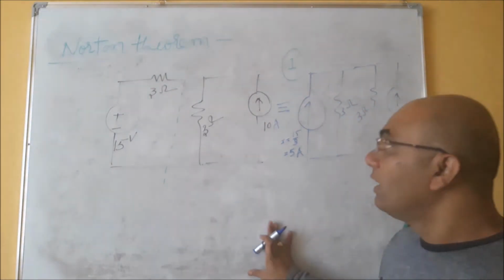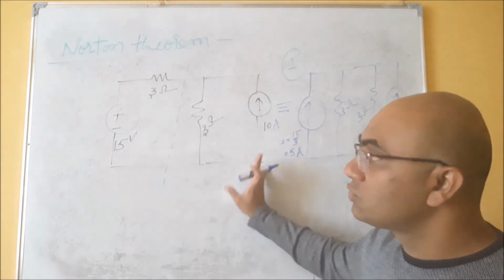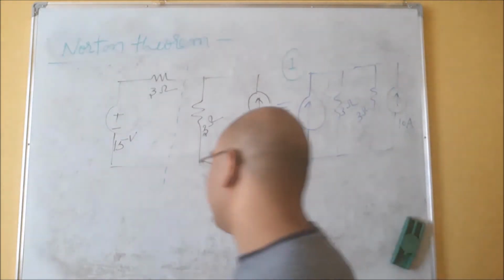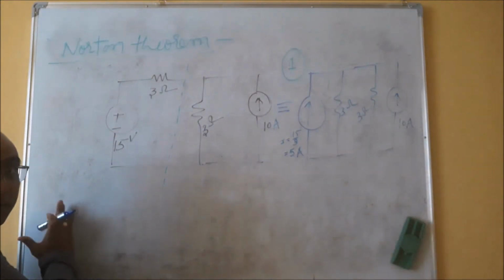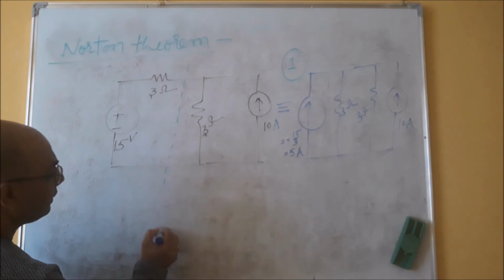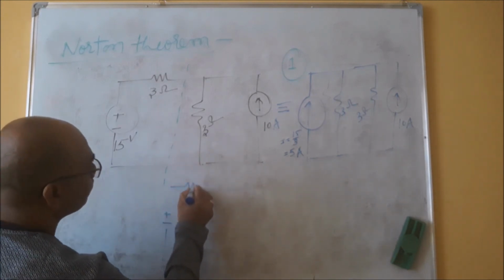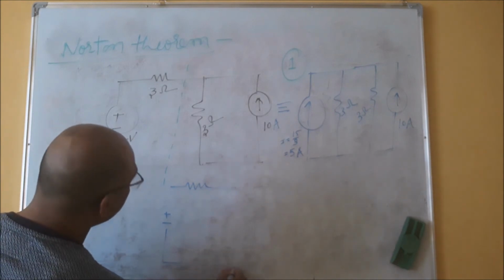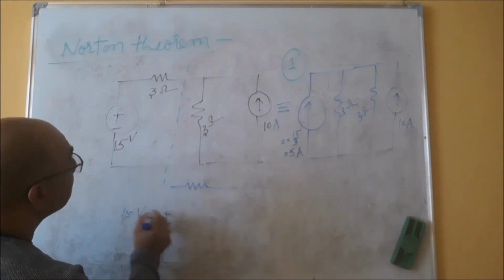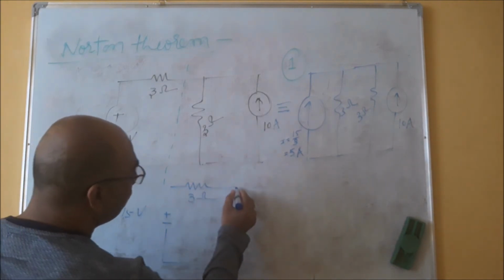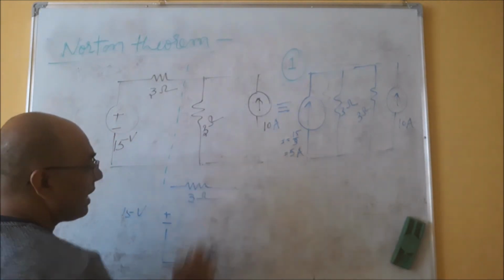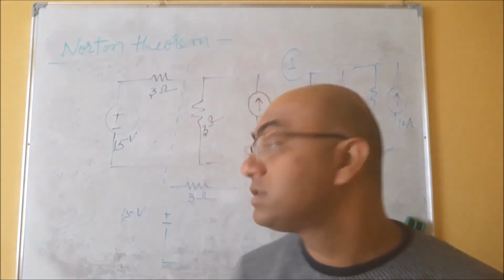In the same way, now I want to change this current source into the voltage source. So this part will remain the same. So I am drawing it again. If this will remain the same, so 15 volt, 3 ohm. Now you see the current source is parallel with this resistance 3 ohm.